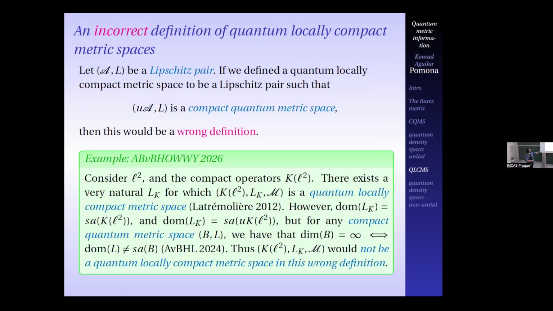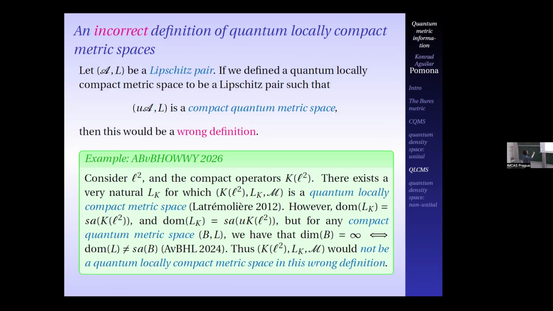Believe me that in Frederick's paper where he introduced quantum locally compact metric spaces, he did show the compact operators does have a very natural semi-norm for which you get a quantum locally compact metric space structure. I can even write it down later if you want. Again, I haven't defined it yet, but just believe me for now, like in the first paper someone introduces, right?